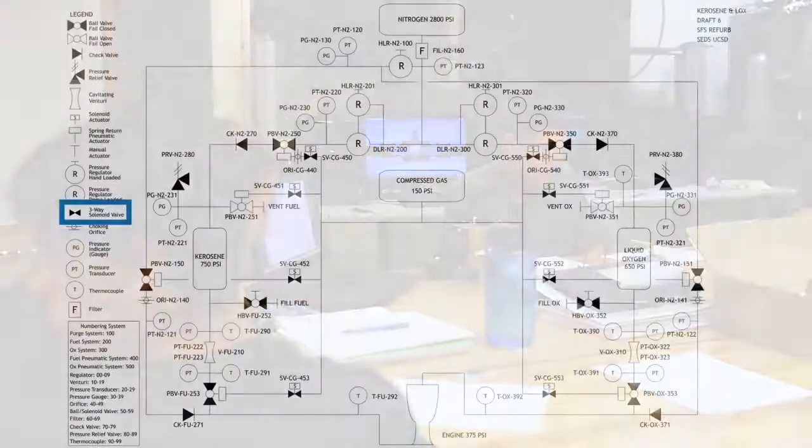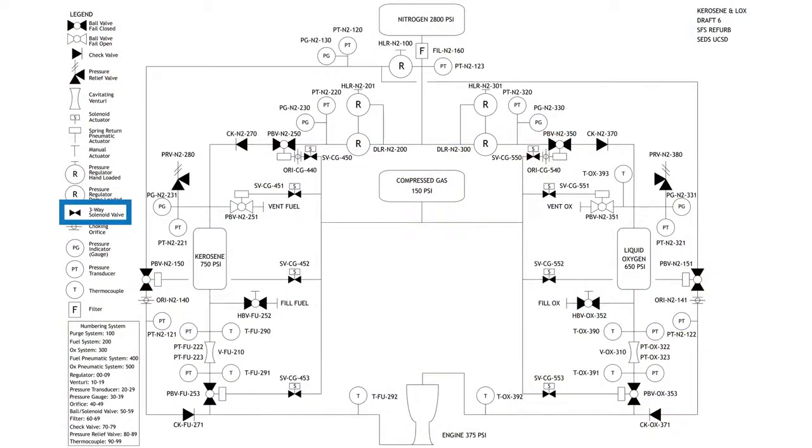Then we have a 3-way solenoid valve. I actually don't have a diagram for this one out here. We have a bunch of 4-way solenoids, but if you look at solenoid valve CG451 on the left, next to the fuel vent, that has one port in and one port out. That one port in comes from a compressed gas at 150 psi, and its one port out will be 150 psi as well.